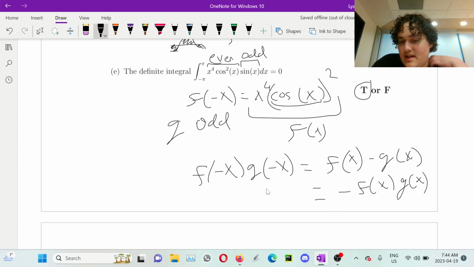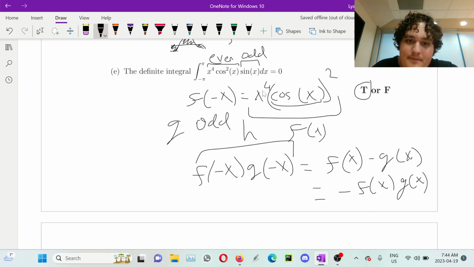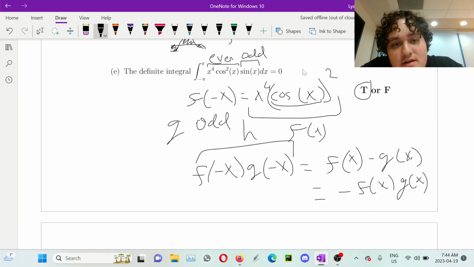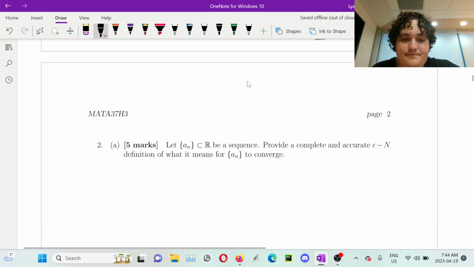So we clearly see that the product of even and odd is odd because, let's say this is h, h of minus x equals minus h of x, right? That's odd. So because we have an odd function that is always defined, for minus pi to pi it's going to be 0, right?